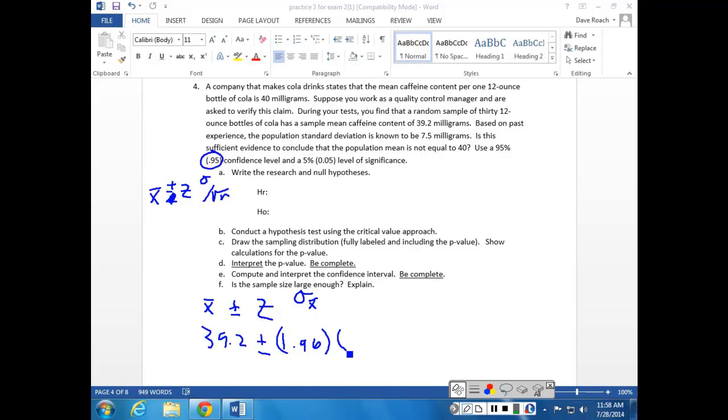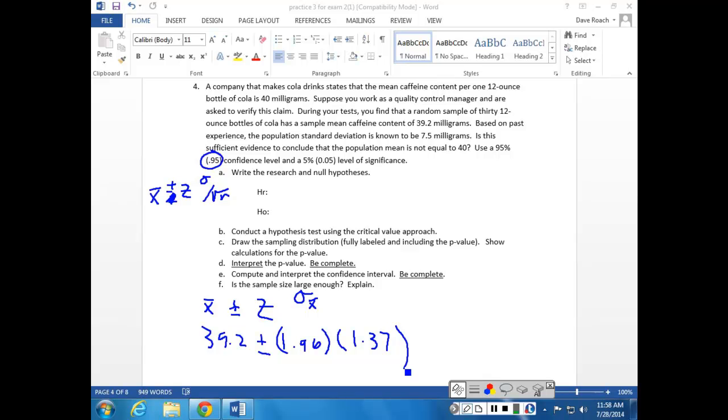And let's see, I'm doing this from memory. Was that 1.37 for the standard error? I think it was. Is that what we have? Okay. So then we can calculate from there. 39.2 minus 1.96 times 1.37.